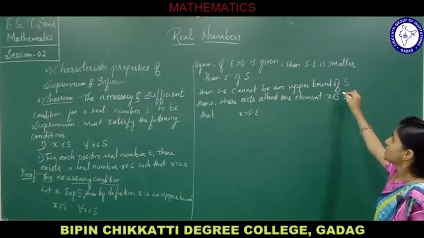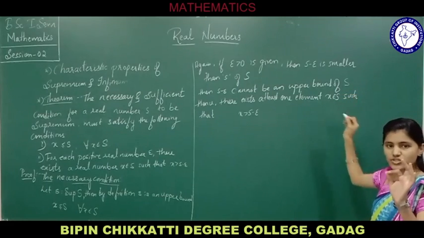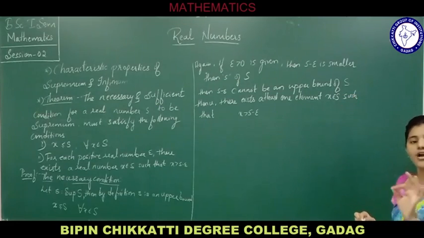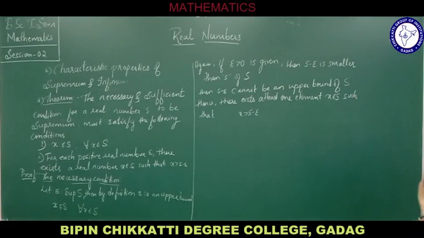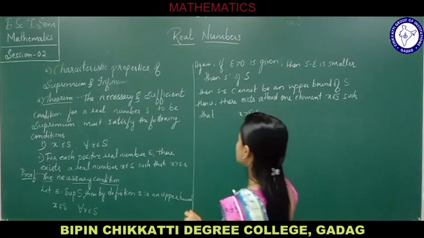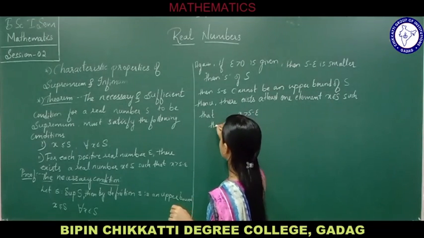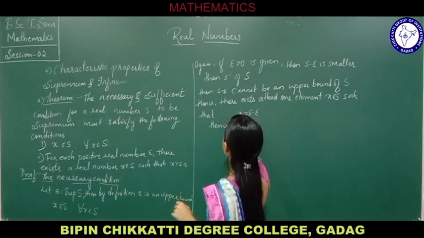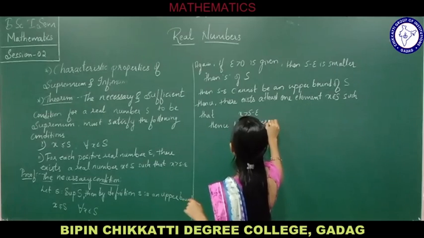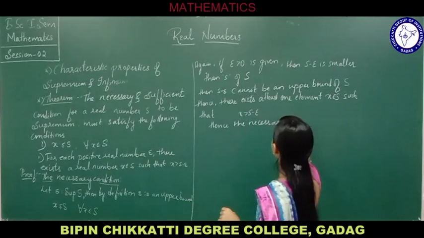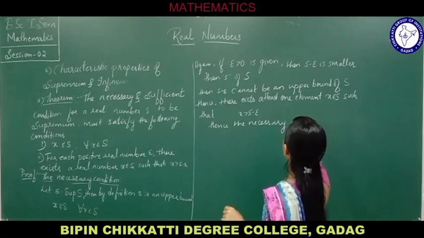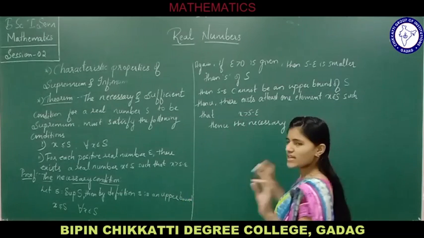See, if it cannot be an upper bound, then obviously there should be an element x that is greater than S minus epsilon. Hence we proved the necessary condition. See, very simple thing.